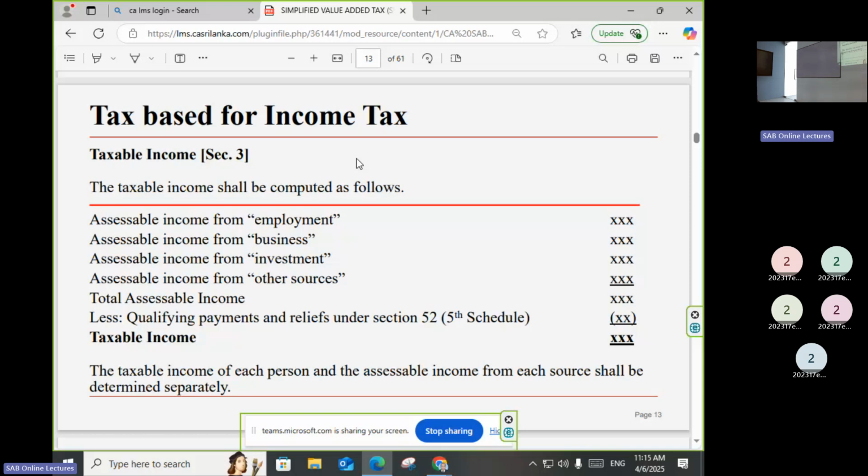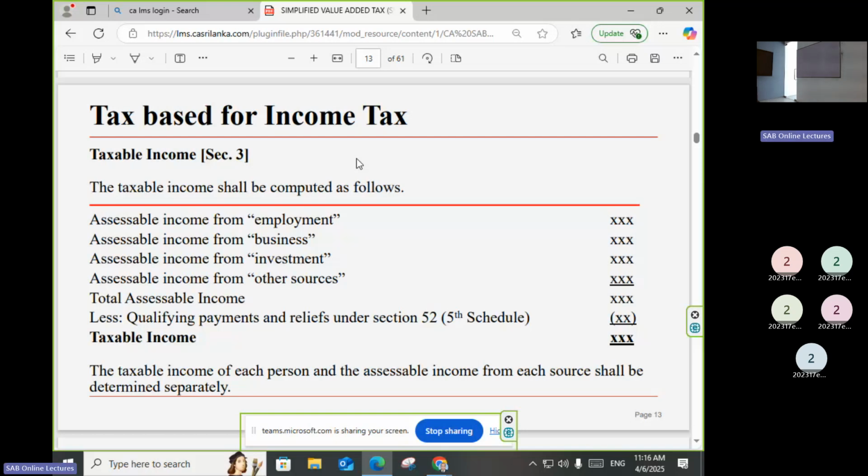Now we know who is a person. Each person, and the assessable income from each source. Now we know the sources. We know that there are four sources only. Each source shall be determined separately.